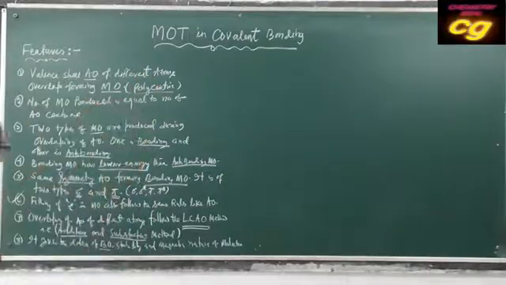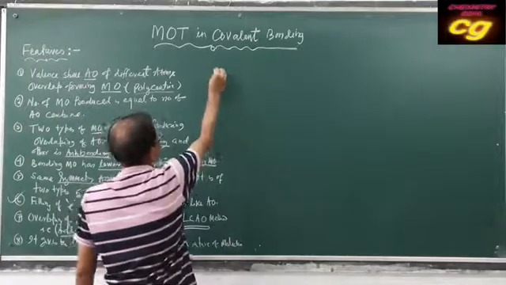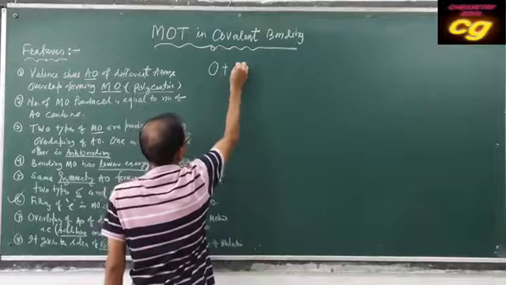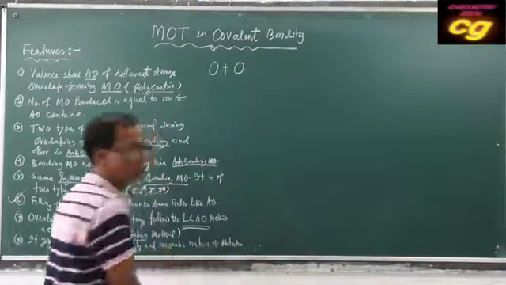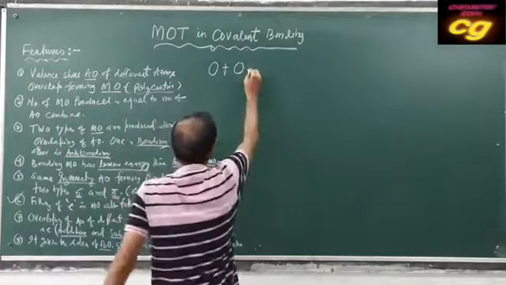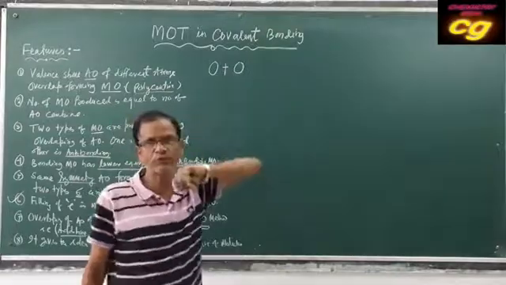So let us discuss some examples. When an s orbital overlaps with another s orbital, we know it will produce a sigma bond. An s orbital always produces a sigma bond.